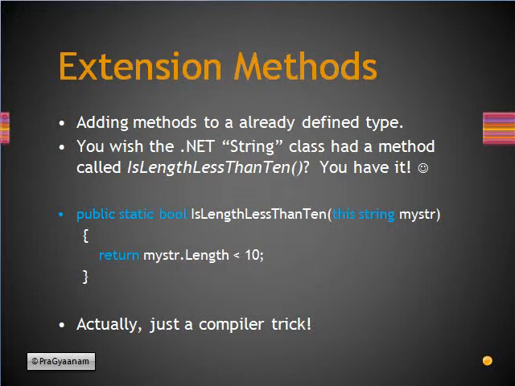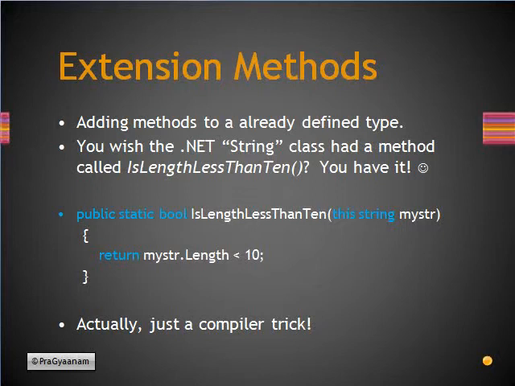So we want to add this extension method to string, for example. So this will be the first parameter, and it has to be preceded with the this keyword. That's all you have to do. Now whatever logic you want to write, you can write it here. In this case, because we wanted the string length to be less than 10, we'll return the boolean result of this comparison.